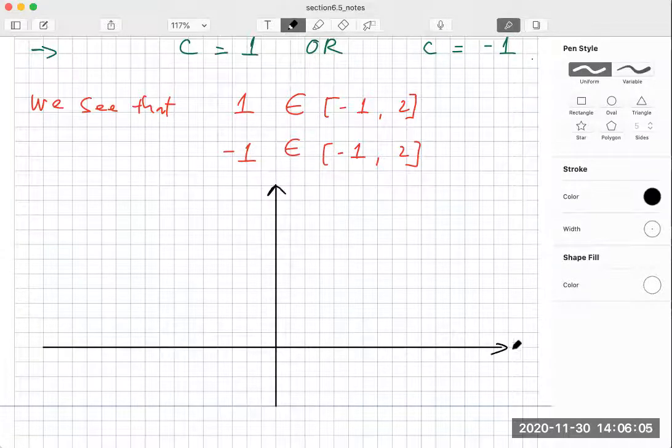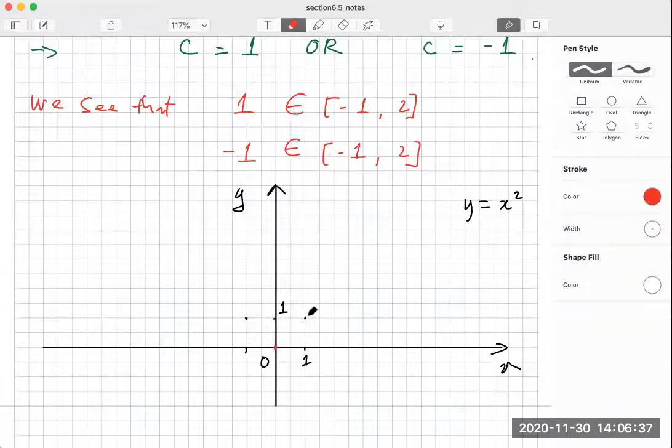This is a Cartesian coordinate system. And as you remember, the graph of y is equal to x squared. At 0, it will be 0.